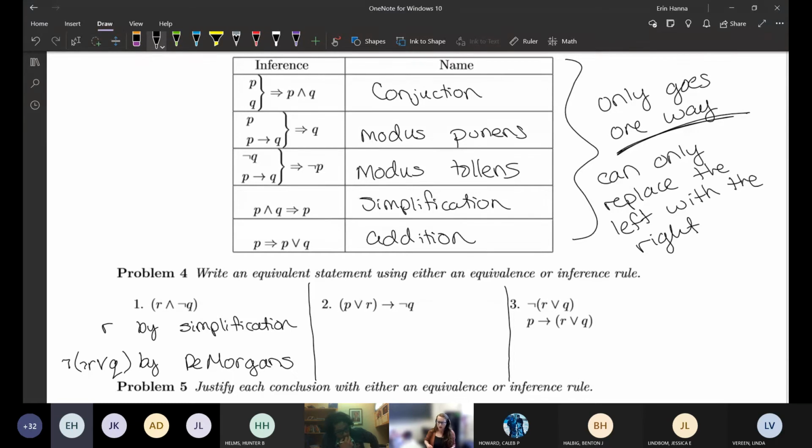For the second one, P or R implies not Q, we really only have, I believe, one option, and that comes from an equivalence rule. There's only one equivalence rule that deals with an implication, which is a thing I'm going to say a lot. Remember, we're looking for patterns. Since we have an implication here, we can use the equivalence rule that deals with the implication.